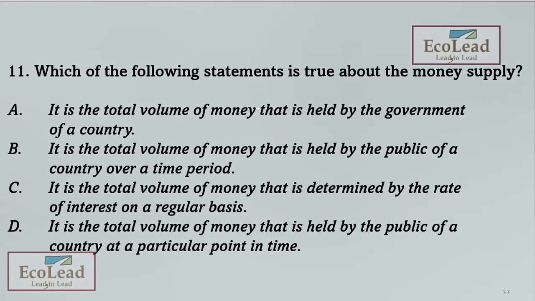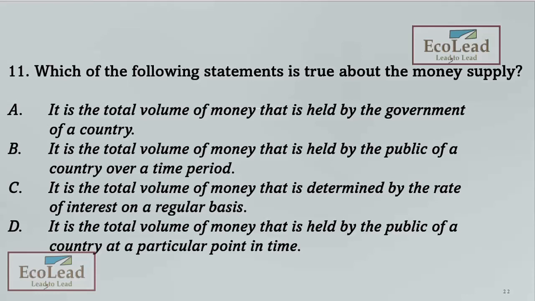Which of the following statements is true about money supply? So we need to identify the correct statement. Let us check the statements. Option A. It is the total volume of money that is held by the government in a country. Option B. It is the total volume of money that is held by the public of a country over a time period.